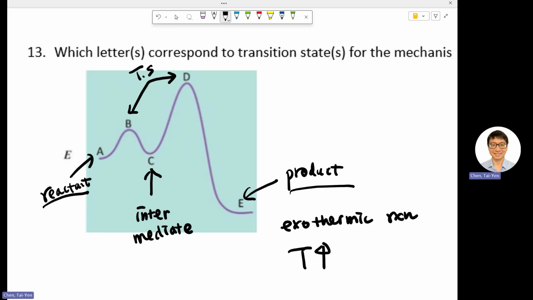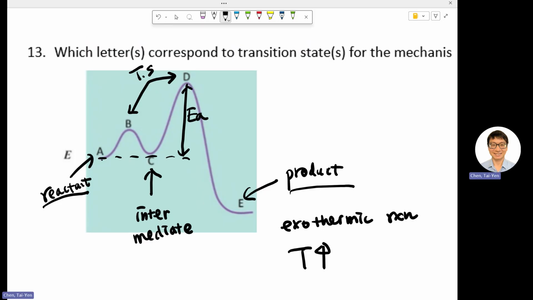Next question: where is the activation energy? D to A. You must know that. One more question: how many elementary steps should be included in this specific reaction?